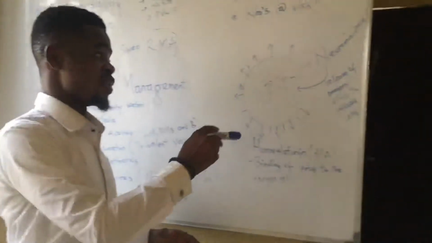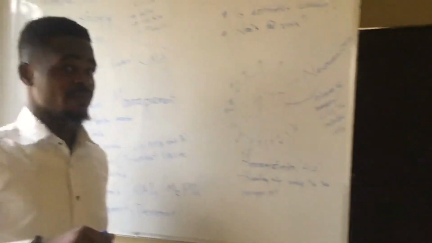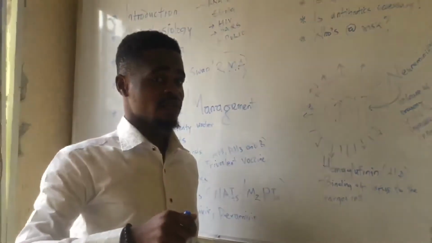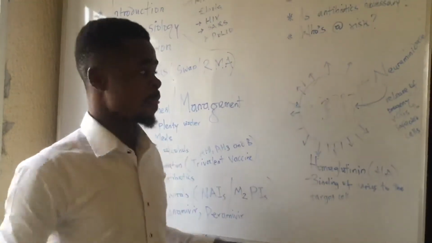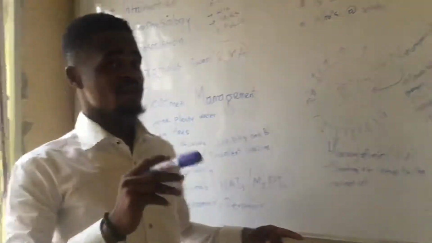RNA viruses have to incorporate themselves into the cytoplasm of the human cells before replication. But in DNA viruses or DNA infections, that doesn't happen.